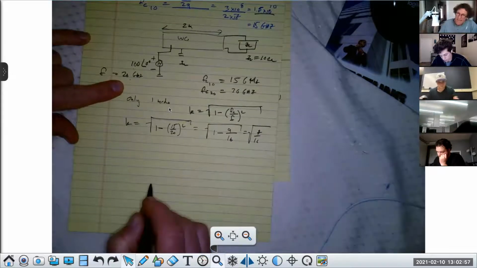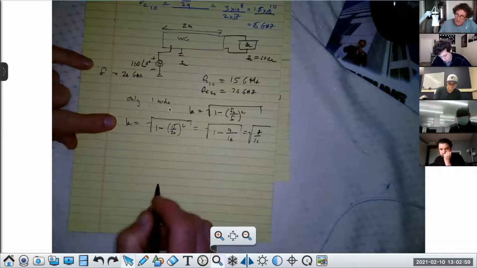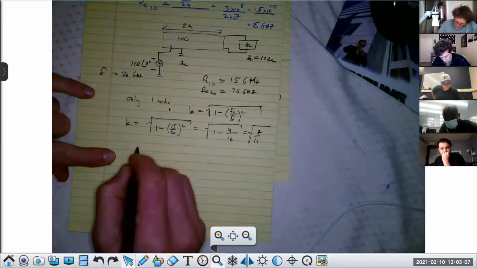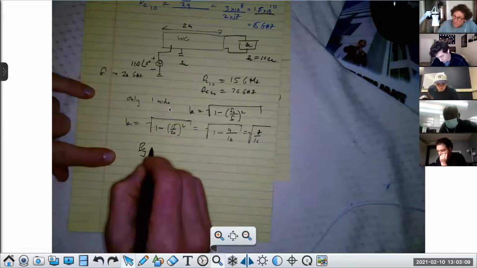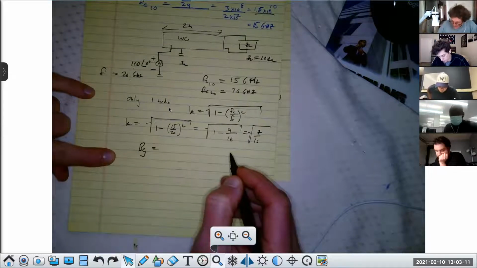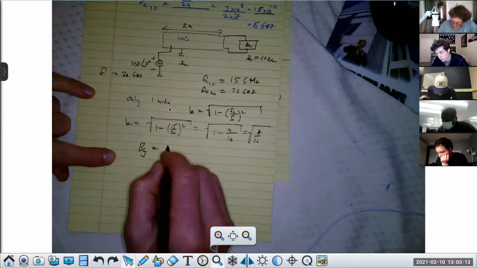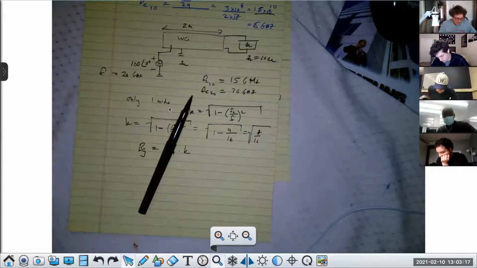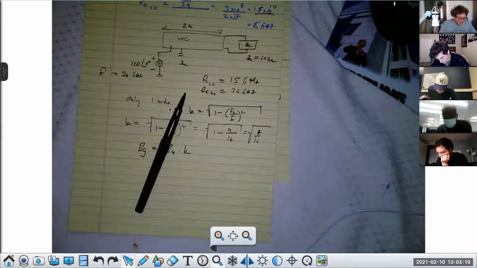Now, once I have that, then I know beta in the guide here is beta unguided times K. Let me see if I can show you that in the book, because I'm throwing a lot of equations out.